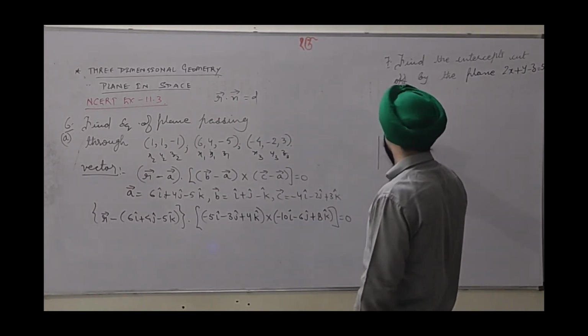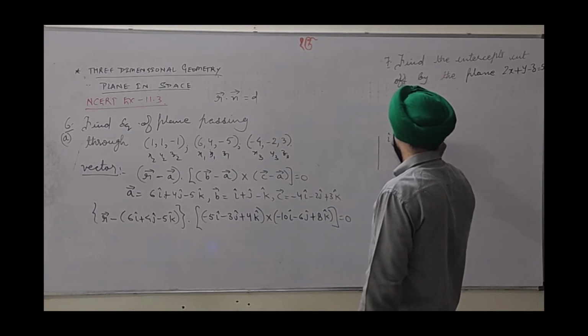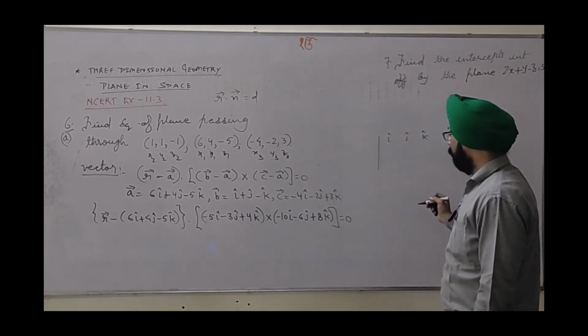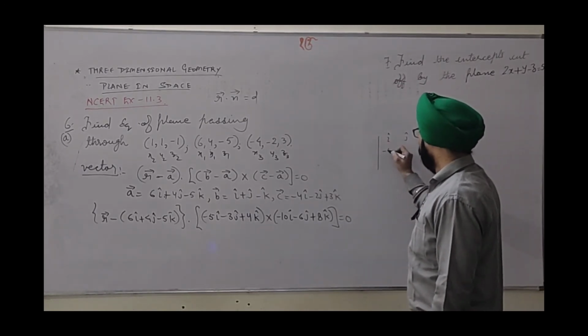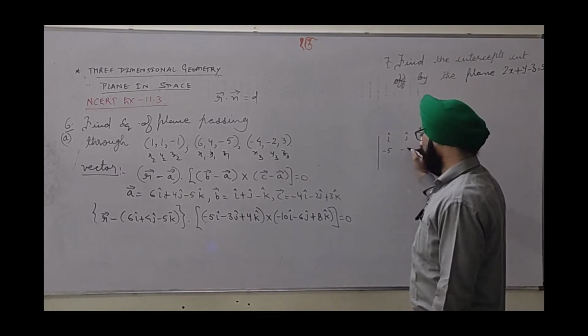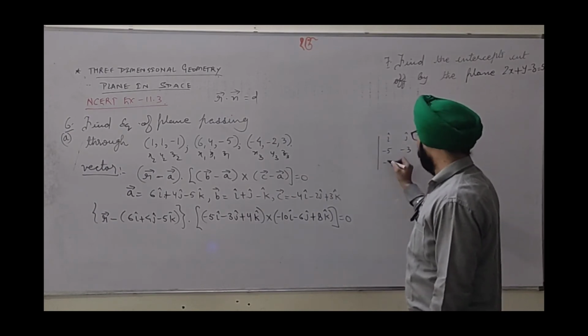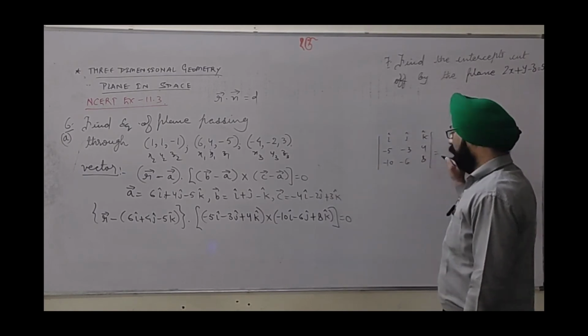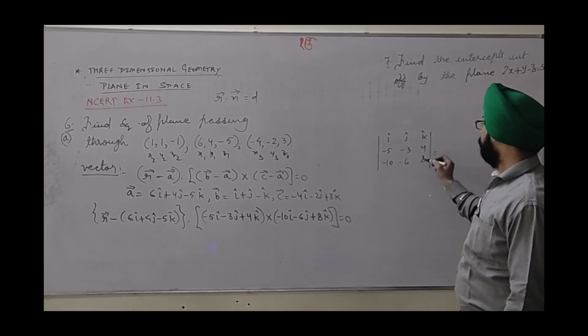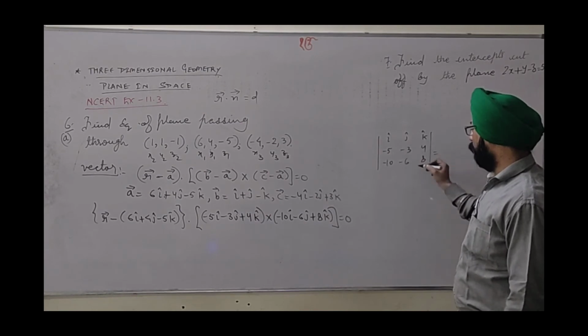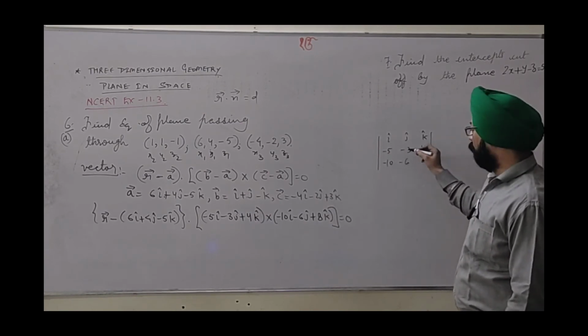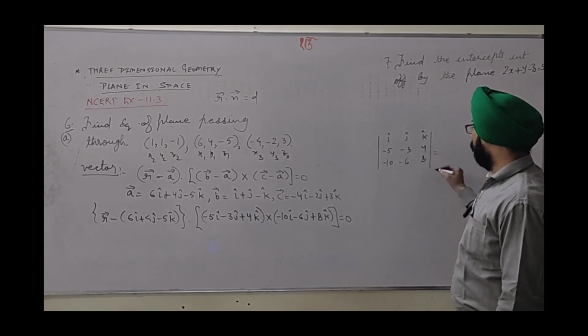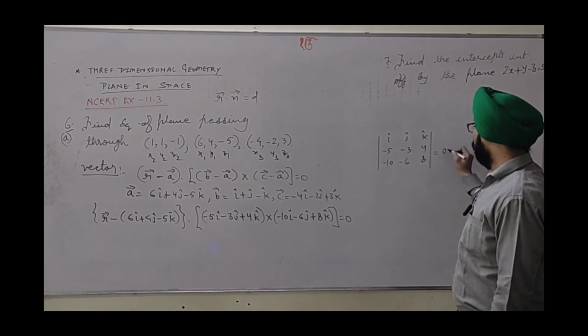We get here i, j, k; minus 5, minus 3, 4; minus 10, minus 6, 8. For i, this will be written as minus 24 plus 24, which will be 0i.